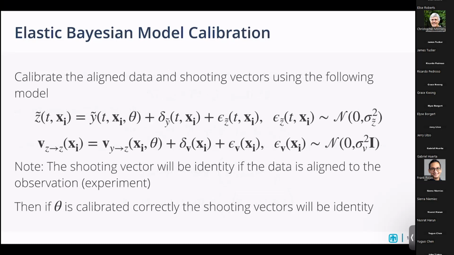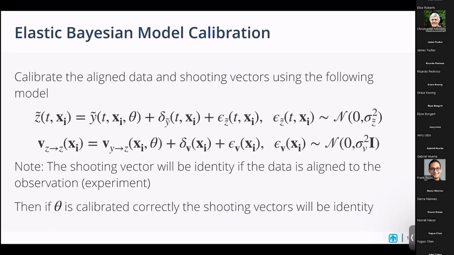And so what we're going to do is calibrate the aligned data and the shooting vectors using the following model. At a high level, you can think about it as we broke it up into two experiments. We're going to look at the aligned experiment, Z tilde, which is equal to the aligned simulations plus our model discrepancy term plus our noise term, and then do the same thing on the shooting vectors.